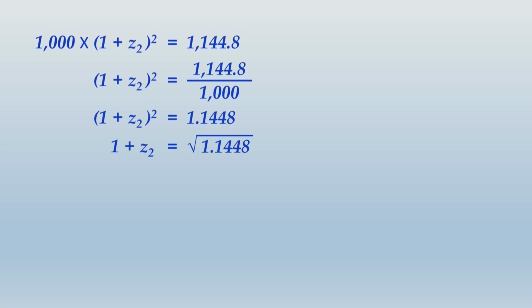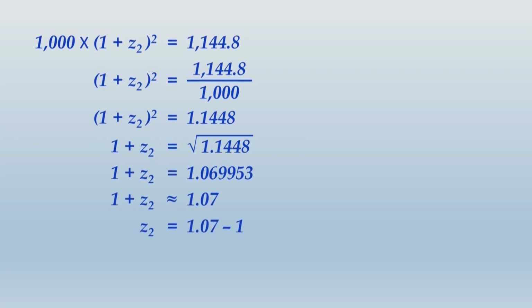When you do that calculation, 1 plus Z2 comes to 1.069953, which you can round off to 1.07. So if 1 plus Z2 is 1.07, Z2 will be 1.07 minus 1, and that will be 0.07 or 7%.